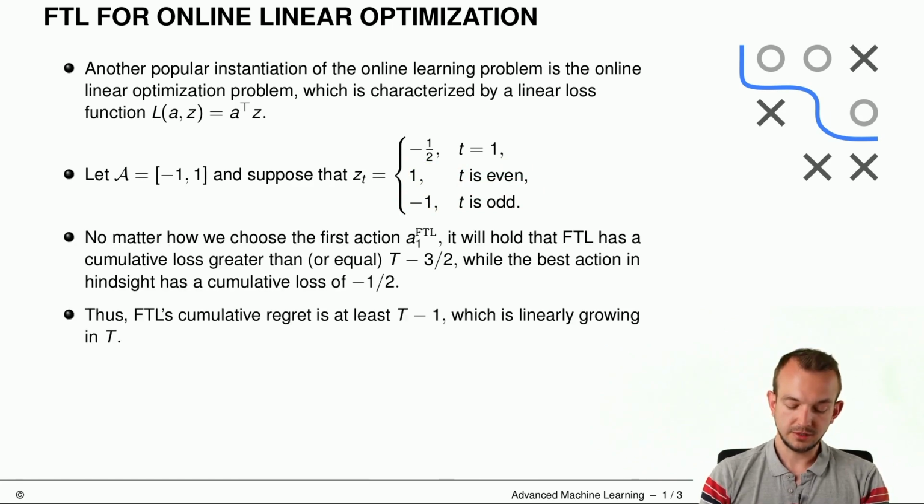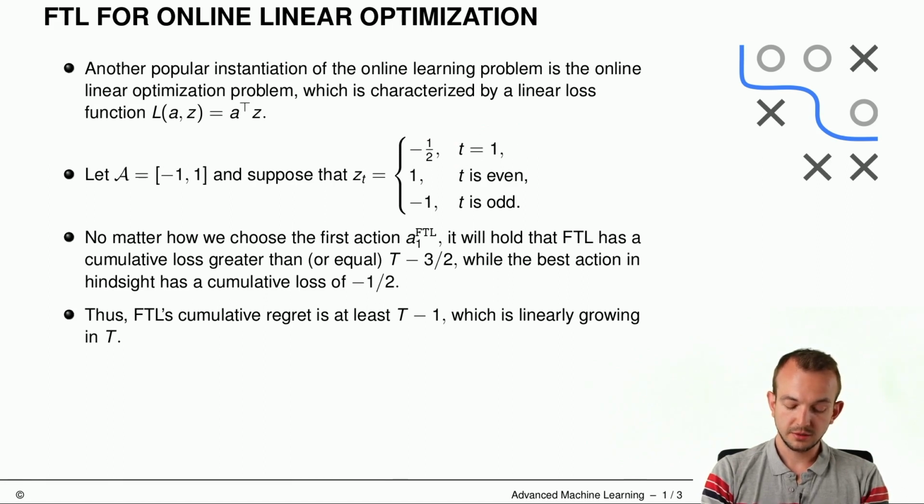And we will see that the follow-the-leader algorithm will fail in the following sense: it doesn't matter how we choose the first action. We can use the best action available for this first environmental data point, which we'll also use later on.